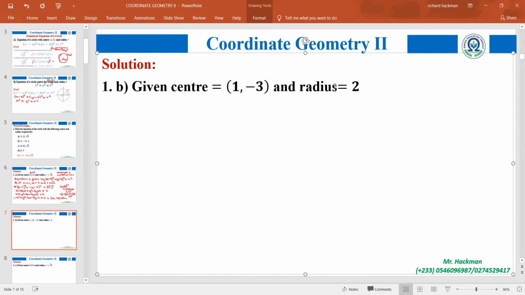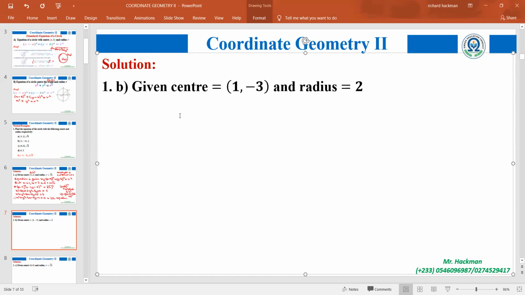I don't want to use the letters. Someone equally can be smart. I will give you another way of presenting your solution without writing the but, what have you. So this is the second one. In the first one, you realize I introduced R. In the second one, I haven't introduced R, so it means my but will still come in.